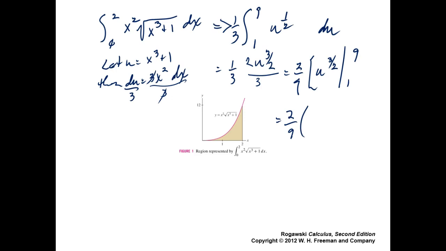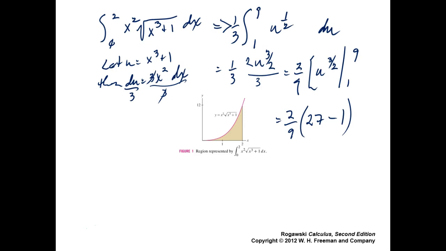Keep the number smaller, so if you can, take the root first. Square root of 9 is 3, and 3 cubed is 27. Minus, and then do the same thing for 1, which is 1.